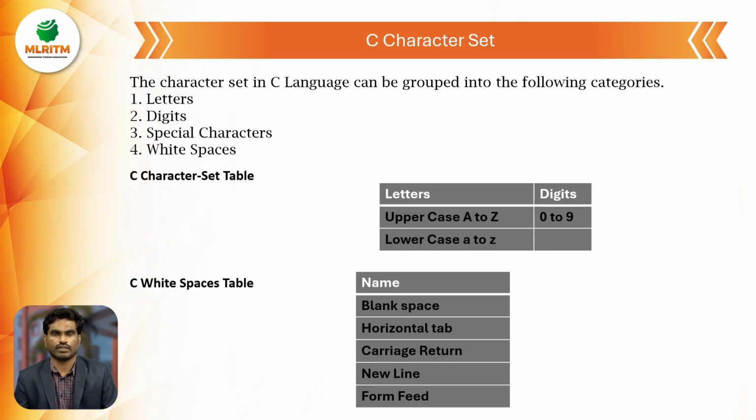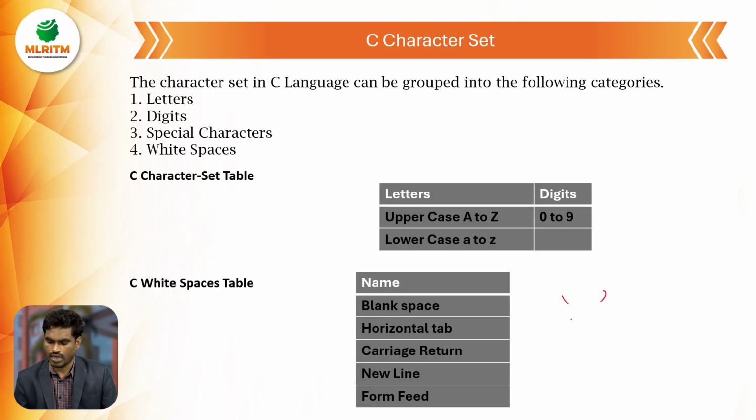Next one is the white spaces. White spaces are used for formatting the printing of data. Here white spaces are blank space, new line, horizontal tab, carriage return, and form feed. Blank space is represented like this.